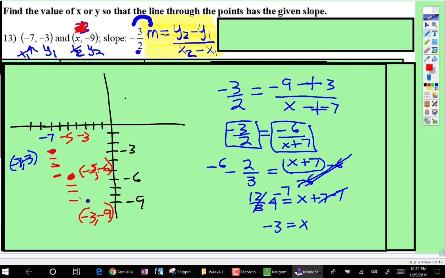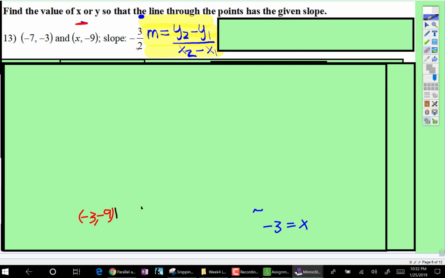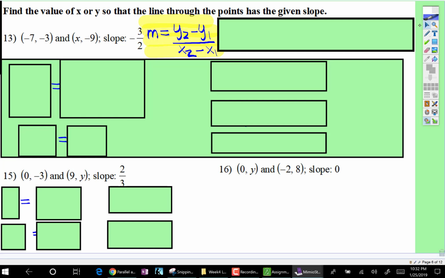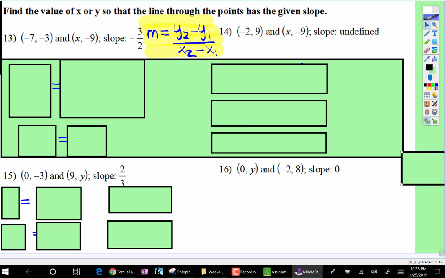So you could do it graphically or you could do it with the formula. But let me show you something else very quickly, because sometimes they just want to know if you're awake and thinking about stuff. Let me show you something kind of cool. What happens if a slope is undefined? Remember what we had when we had a vertical line?